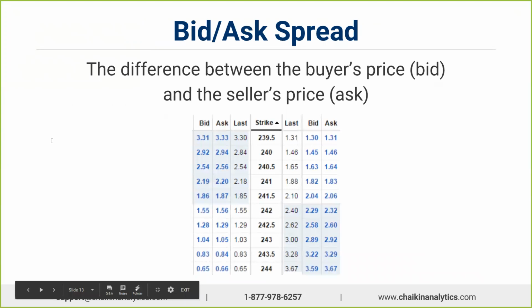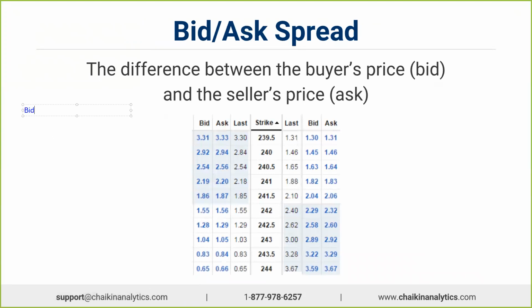So if the bid is 90 cents and the ask is $1, then we have a spread of 10 cents. The difference between the bid and the ask is the spread.